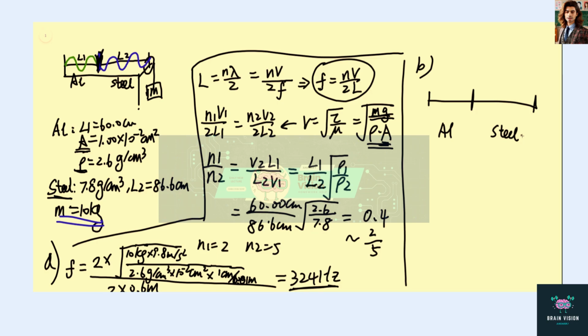We know that for the left hand side n equals 2, and on the right hand side n equals 5, so 1, 2, 3, 4, 5. And how many nodes do we have? We have 1, 2, 3, 4, 5, 6, and we need to count these two as well. 8 nodes.